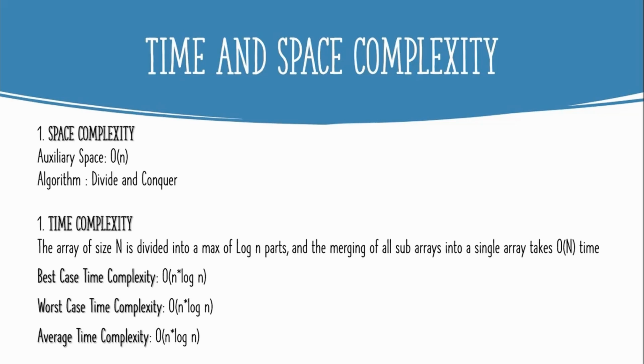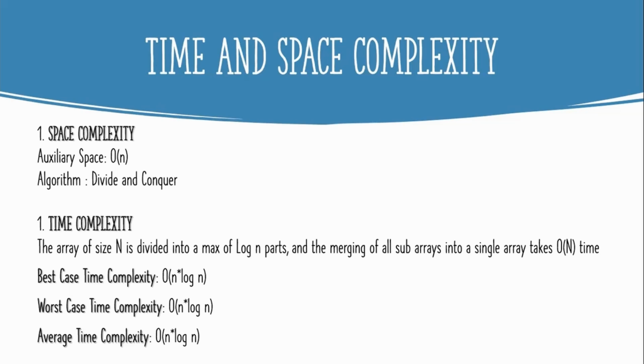Then the next thing is about time complexity. So in terms of time complexity, the array of size n can be divided into a maximum of log n number of parts. And then the next procedure is about merging those subarrays, which requires a time of big O of n. Thus, when we merge these two processes, that is first the dividing process and then the merging process, the overall time complexity becomes big O of n log n.